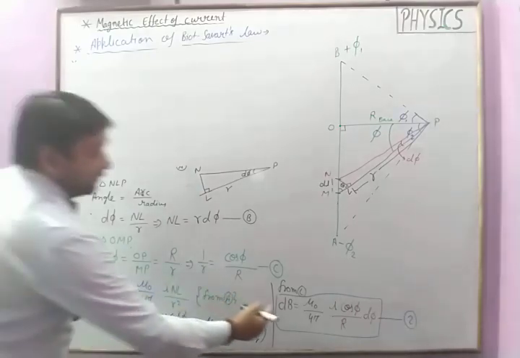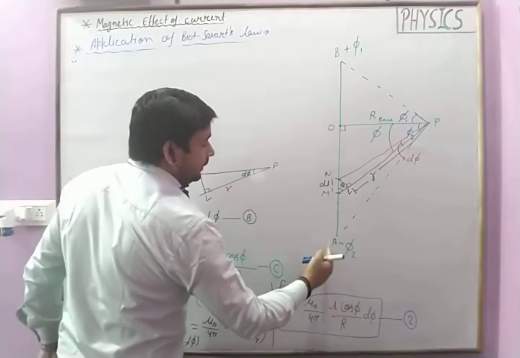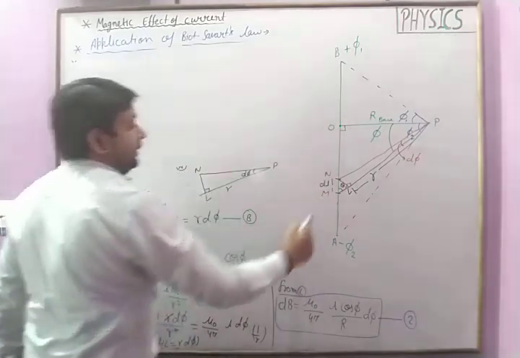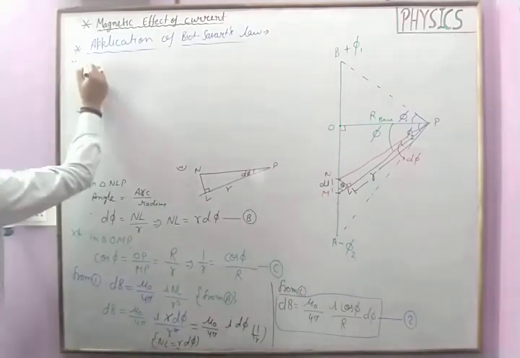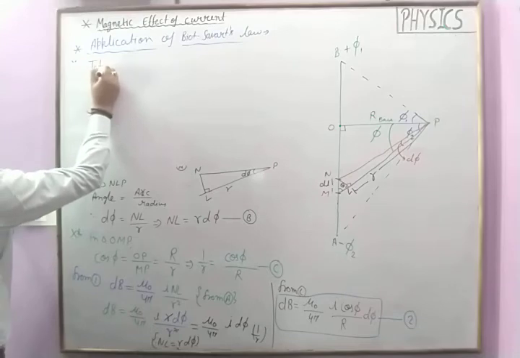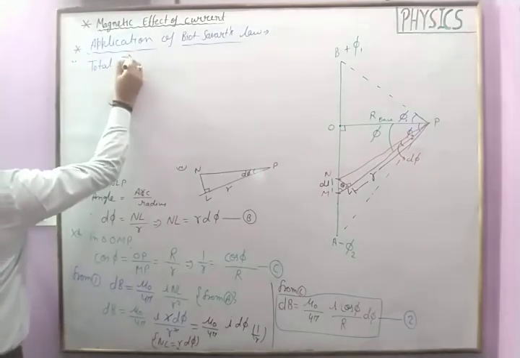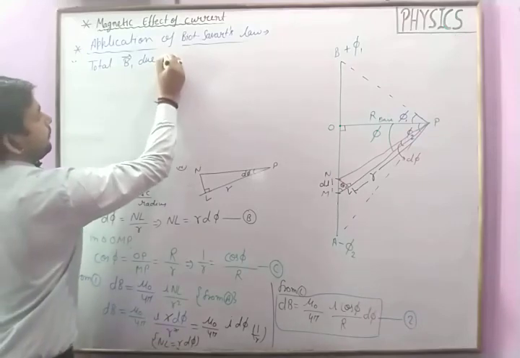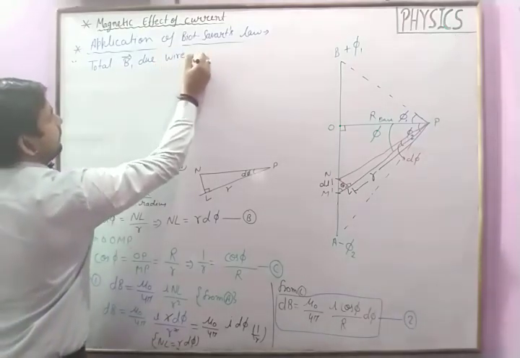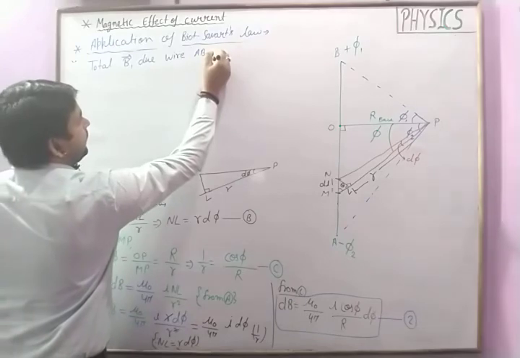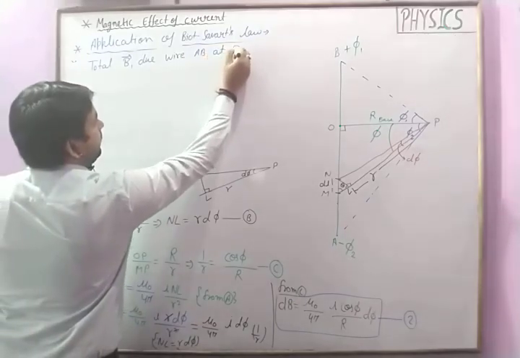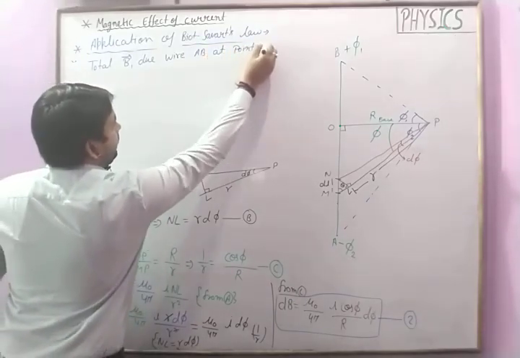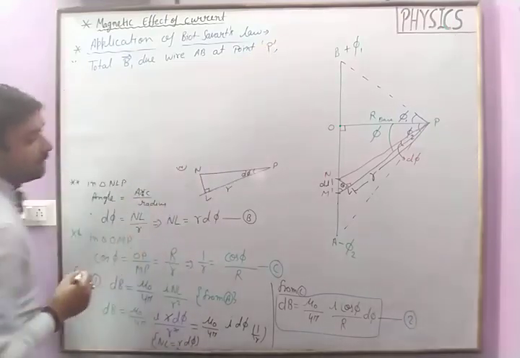Okay, therefore the total field due to the wire AB, total magnetic field due to wire AB at point P. Clear?